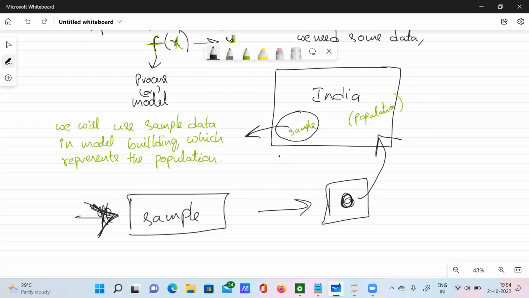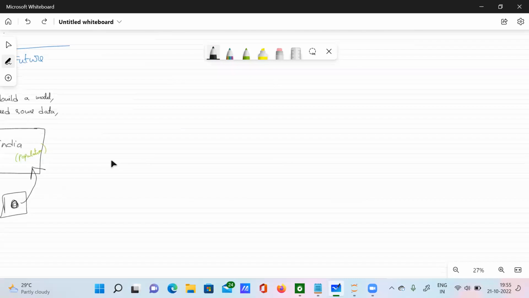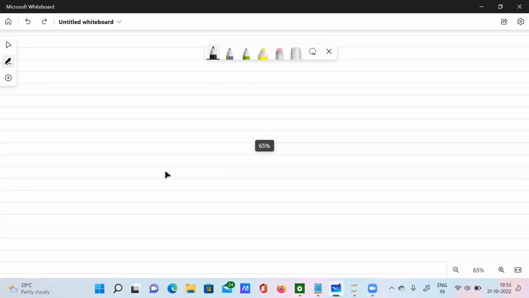So that's it. I have already told you this is the sample and this is the whole population. We have some terminologies here for the sample and the population. I'll explain, no worries.